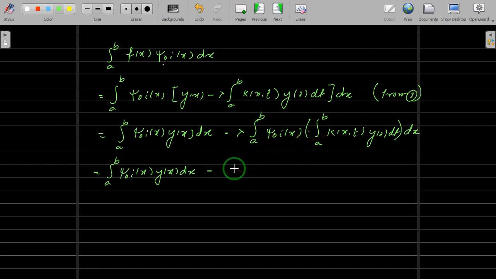There is something called change of order of integration. Double integrals, you change the order, and it is not directly straightforward that you change the order. There are some methods for that, we can discuss if it is required. So when you change the order, it will be lambda integral a to b, let me write directly.